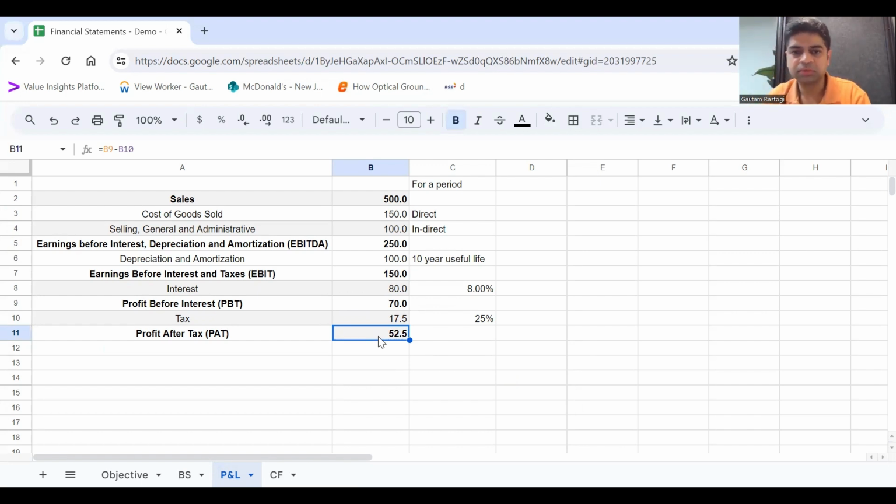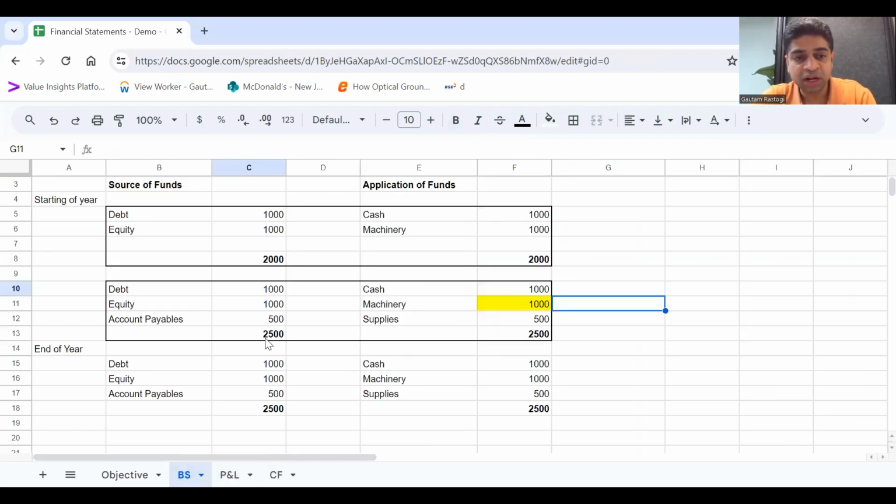So what happens to this profit? By the way, right now, let's assume for a moment that when you made the sale, you got the money from the customer in your bank account. That's the assumption, and we'll change this assumption later on. So for now, you got this 500 worth of sales in your bank account, and from that you made $52.5 worth of profit.